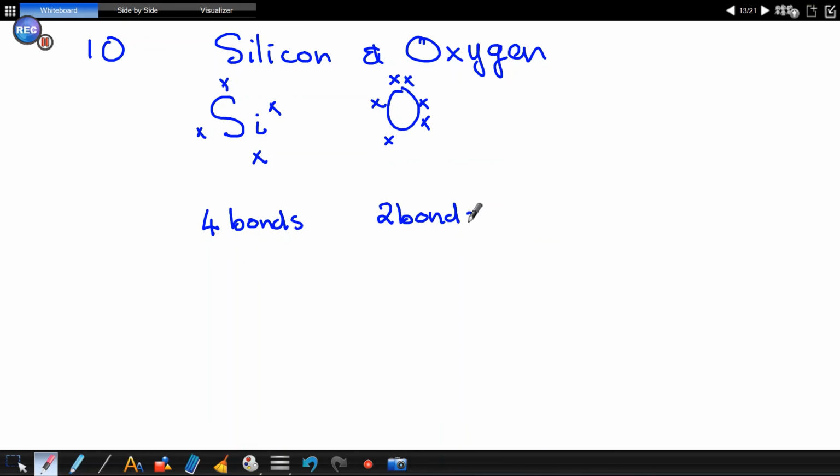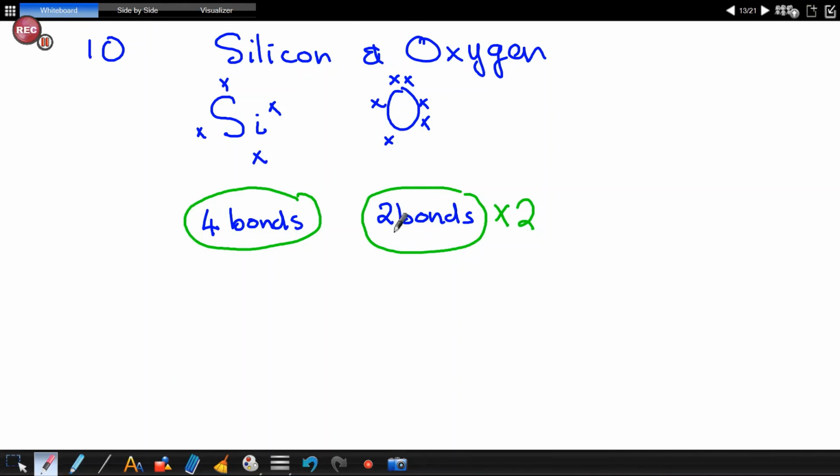And I don't even have to draw these things with all the crosses, because I can see by looking at this: 4 bonds for silicon and 2 bonds for oxygen. I know I must multiply 2 by 2 to get 4. So I must multiply the oxygen by a 2.